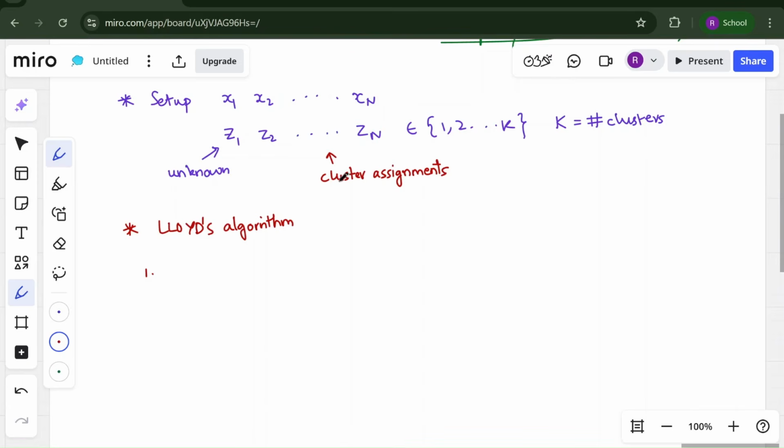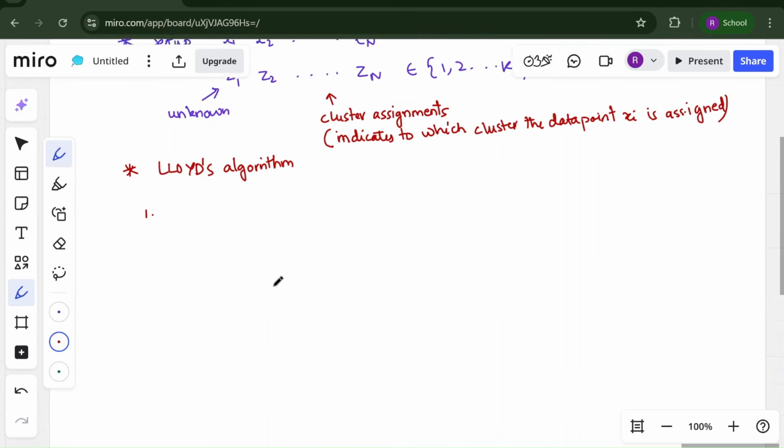Because this indicates to which cluster the data point xi is assigned. That is why we'll call it cluster assignments.